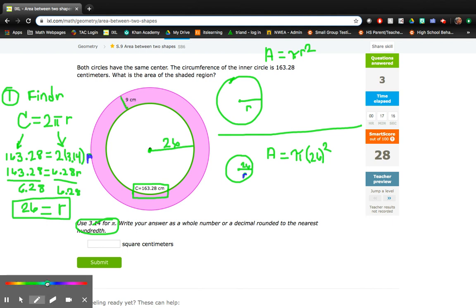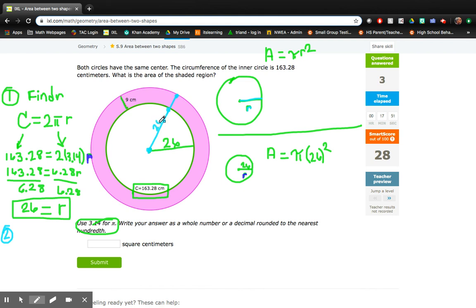So the second thing you have to do is find the radius for the big circle, which is the distance from the center of the circles all the way out to the edge of the bigger circle. And I actually know enough to be able to find this now, because I know the distance from the center to the edge of the little circle is 26.